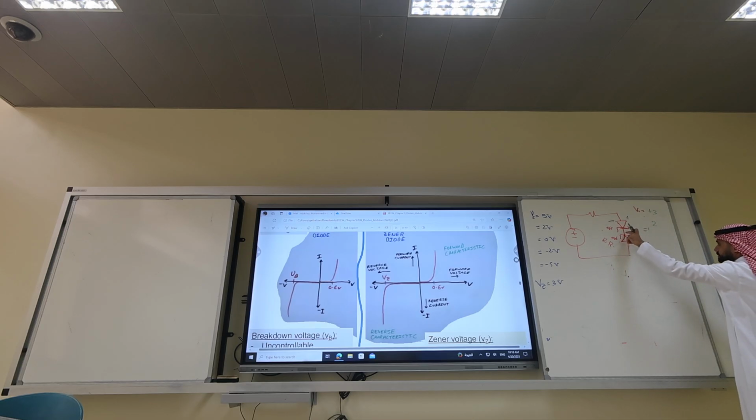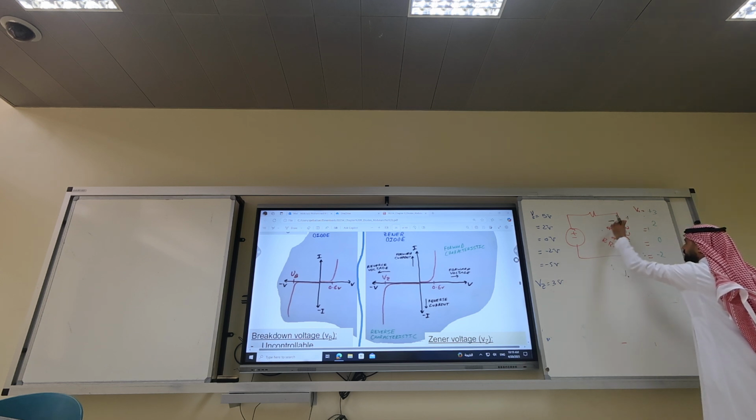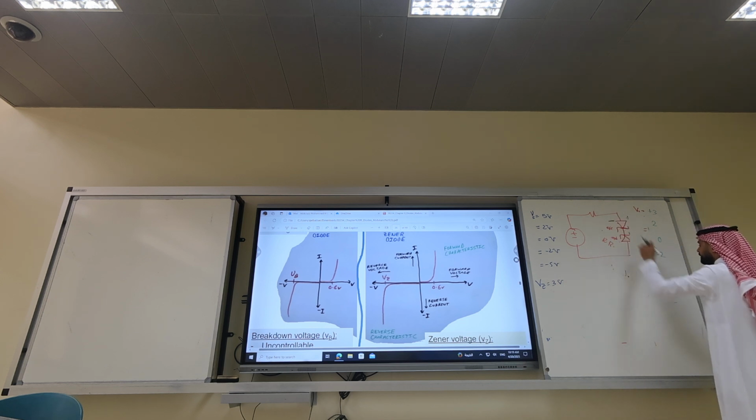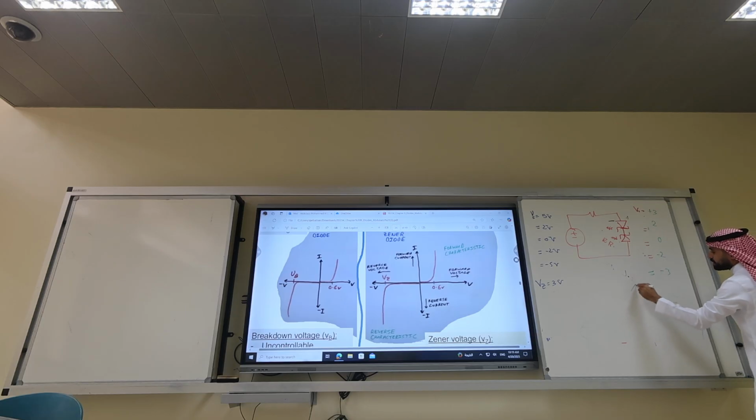If I apply 0, this will be 0. If I apply -2, this will be off. This will be reverse breakdown. No, this will also be off. So the output is -2. If I apply -5, this will be off. This will be reverse breakdown, -3. So the curve is correct.